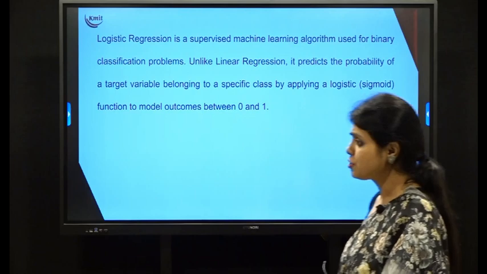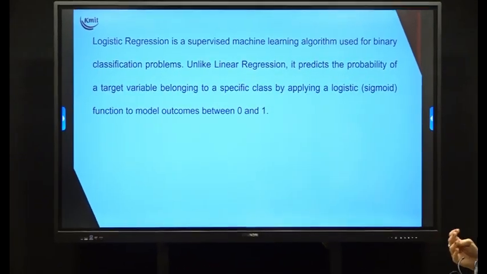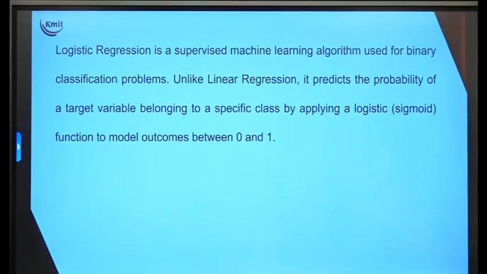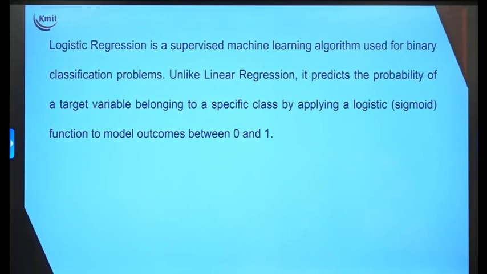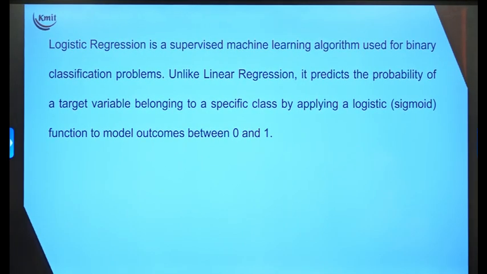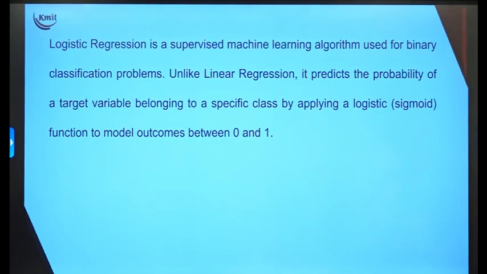We've seen that logistic regression is a supervised machine learning algorithm which is used majorly for classification problems. When you talk about linear regression algorithms, it predicts the target variable which has continuous values. But when we talk about logistic regression, we use it to find out the specific class of a target variable.